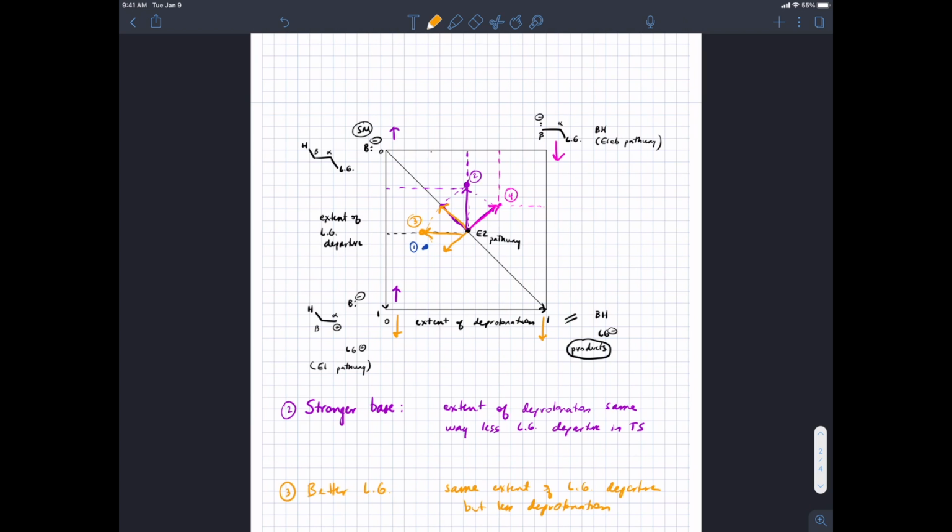Yeah, the original one. So if you made any of these changes, what would you expect the selectivity for more stable alkene versus less stable alkene to be?